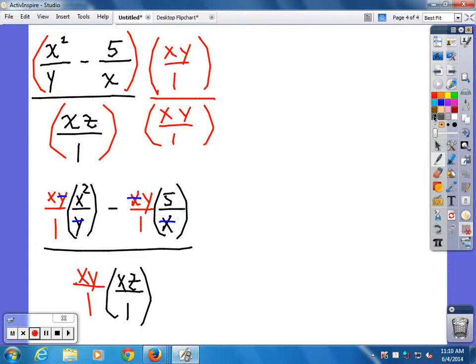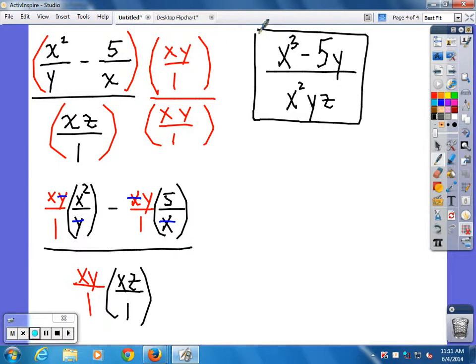So we rewrite the problem less the complex fractions. So x squared minus what? I'm sorry, x to the third. Sorry. X to the third minus what? Over x squared yz.